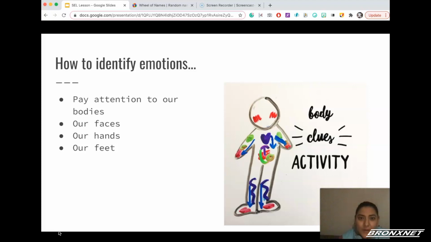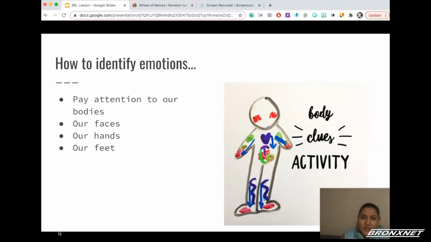If we are feeling impatient, maybe our feet might start to tell us something about how we're feeling. If we're tapping on the floor, tap, tap, tap, with our feet, maybe we're anxious. Maybe we want something to happen. So in order for us to know that we are feeling some type of way, this is what we must pay attention to, our bodies.